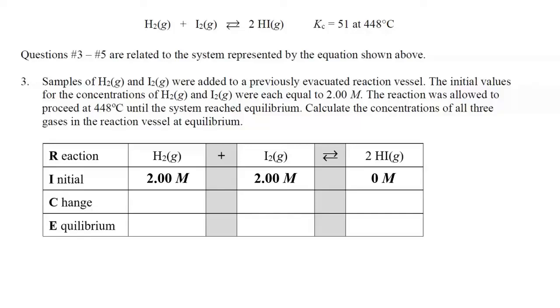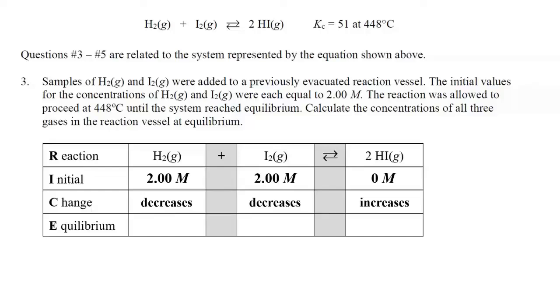That means that as this system reaches equilibrium, the concentration of hydrogen must decrease. Obviously, the concentration of iodine, which is also a reactant, must decrease, and then the concentration of hydrogen iodide must increase as the system approaches equilibrium.